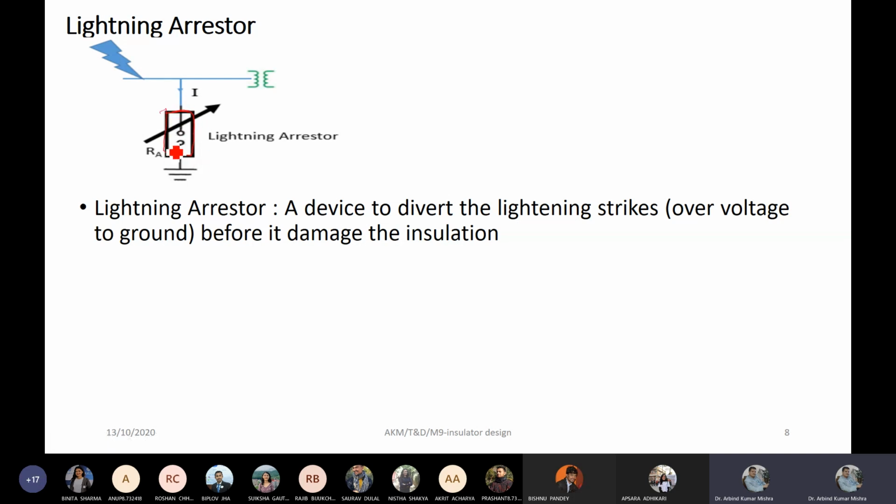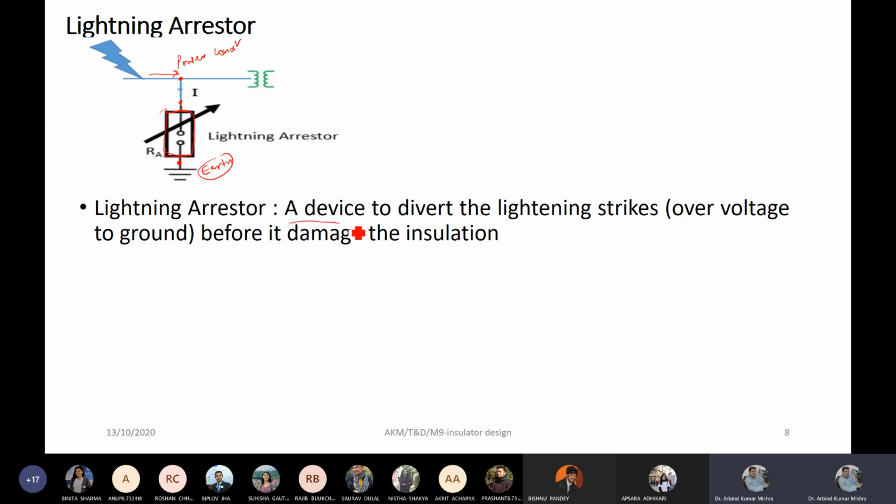This is connected to the power conductor, and the other terminal of this lightning arrestor is connected to the earth. There are just two terminals: one terminal connects to the power conductor, another to the earth.